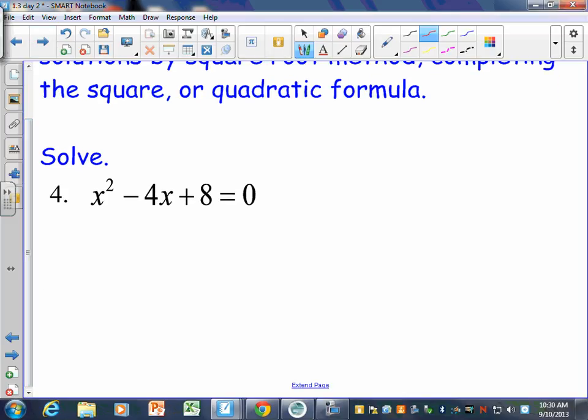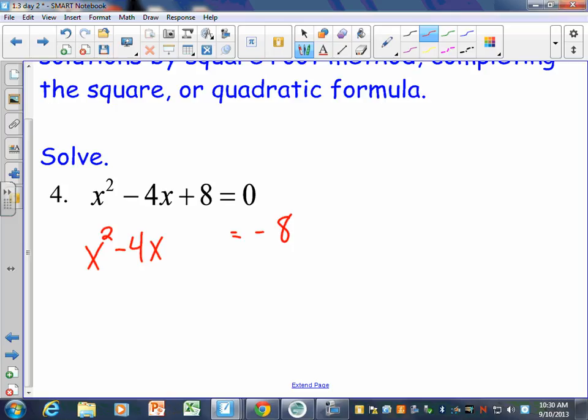Would this be a good candidate for completing the square? There's nothing in front of x squared, and the middle number is even. So if you had to complete the square, this would be a good one to complete the square on. If you want to do the quadratic formula, I promise we should get the same answer. But just to remind you about completing the square, remember that we moved that last number over to the other side.